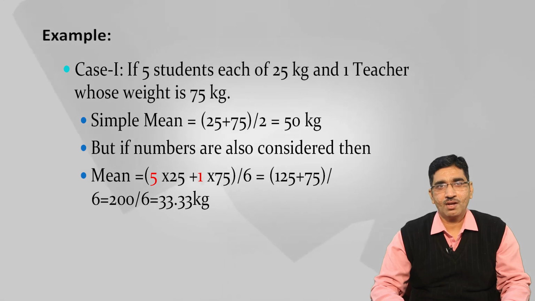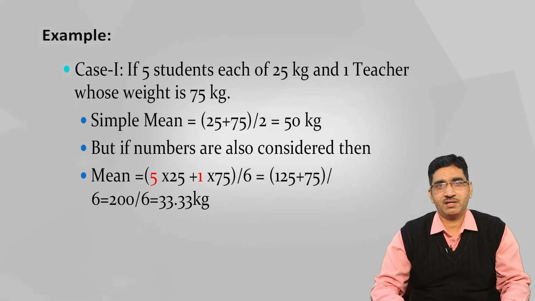But if numbers are also considered, then the mean would be 5 multiplied by 25, the weight of each student, and 1 into 75 kg, the weight of the teacher, divided by the total number, that is 6.